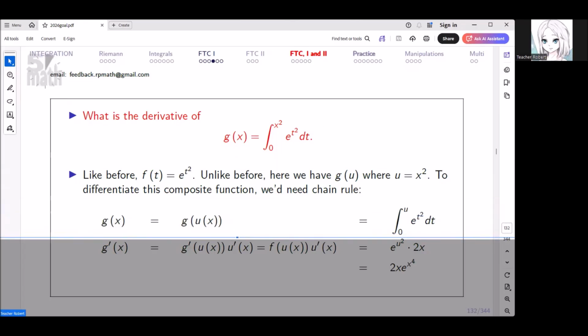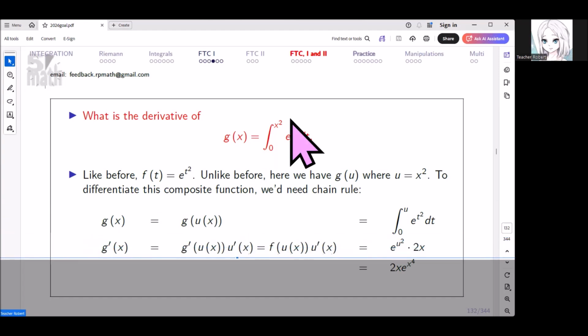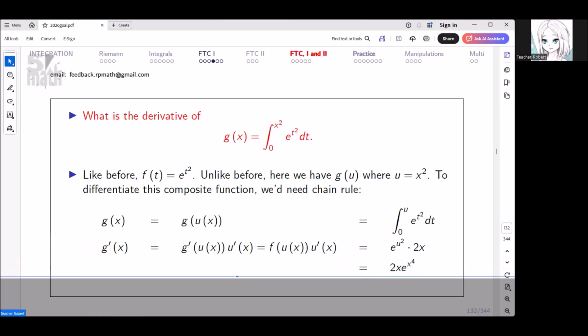G of x equals g of u of x equals integral 0 to u e to the t squared dt. G prime of x equals g prime of u of x, u prime of x, equals f of u of x, u prime of x, equals e to the u squared times 2x equals 2x e to the x to the 4.